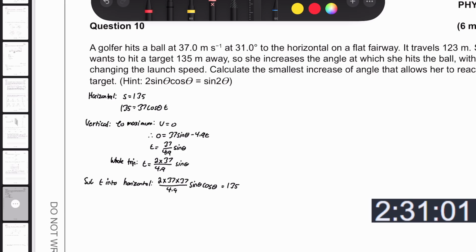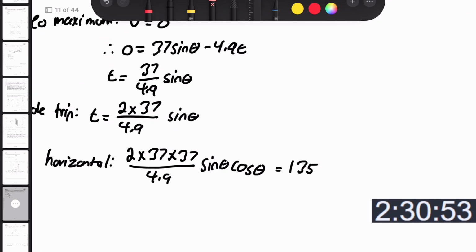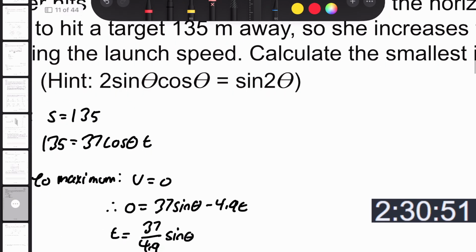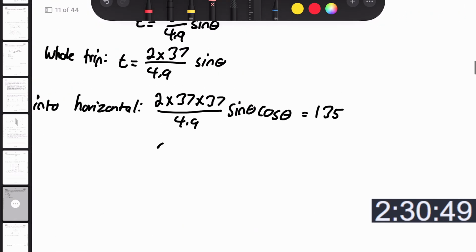And then this is where the 2 sine theta cosine theta comes in, so this is going to be 37 squared over 4.9 times sine 2 theta, equal to 135.